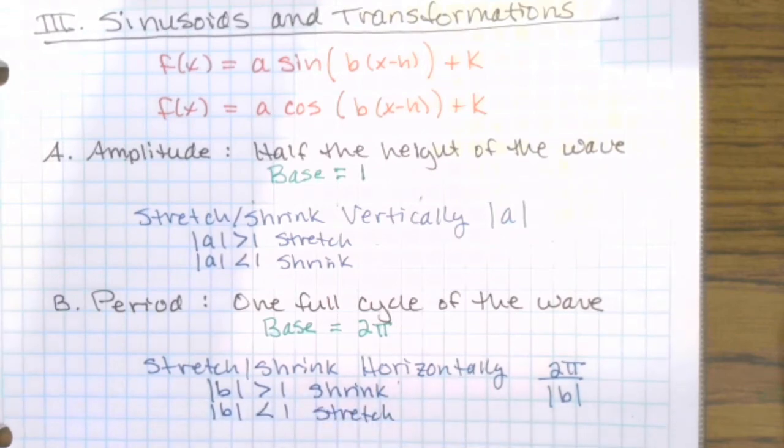Just like how it was when we were doing our other curves. Same rules. Flip the b, that tells you if it's a stretch or shrink. And to figure out exactly what the period is, you take 2 pi divided by b, and that will tell you the new period. If 2 pi divided by b is bigger, you have a bigger period. If 2 pi divided by b is smaller, you get a smaller period.